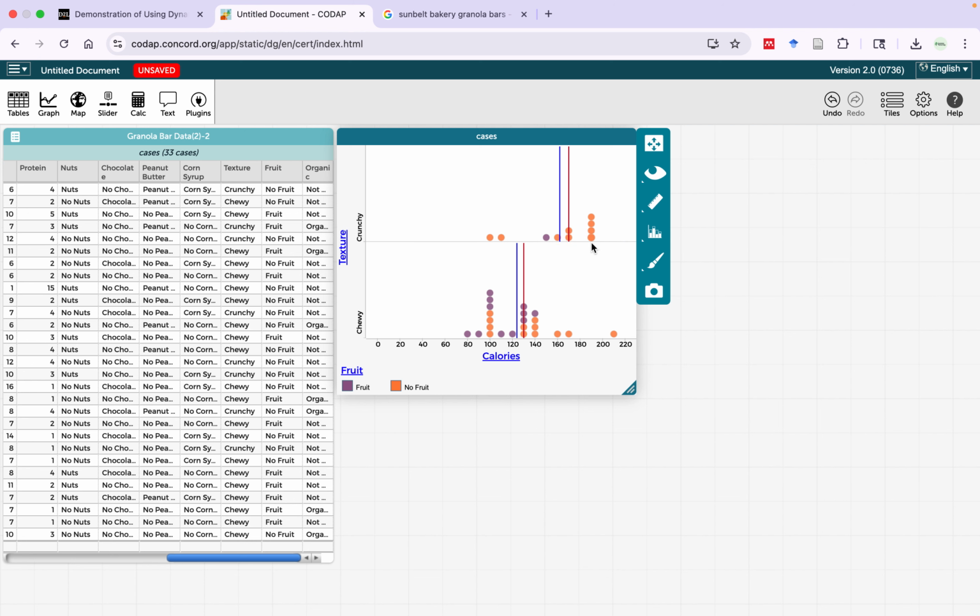These don't have fruit. Which are less calorie dense? Yeah, fruit's less calorie dense. This one has fruit. But these also don't have fruit. So what is happening?